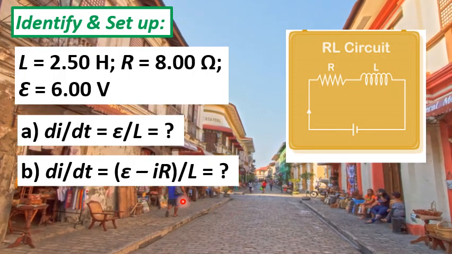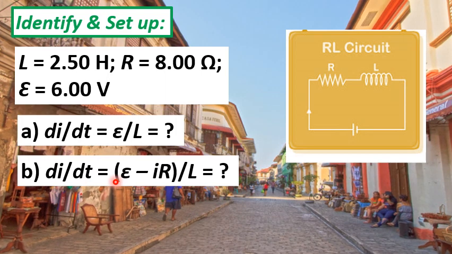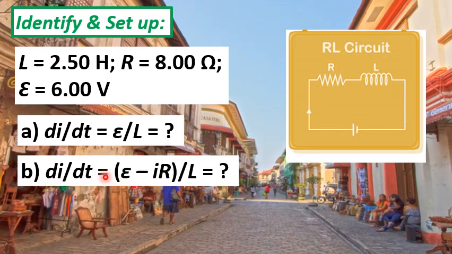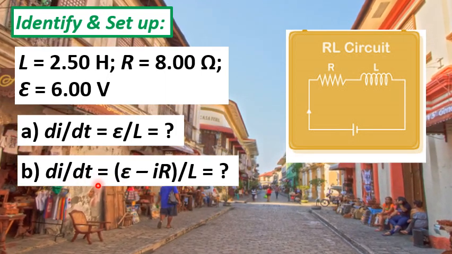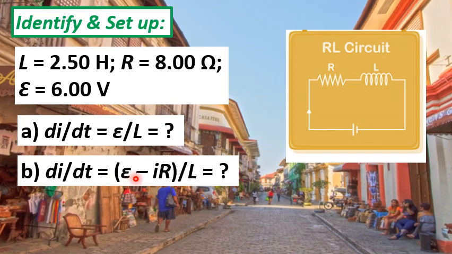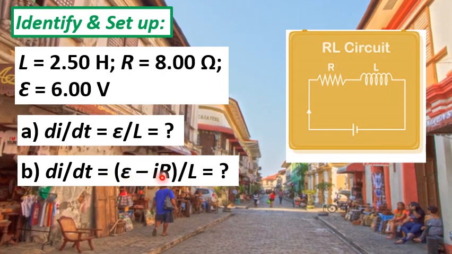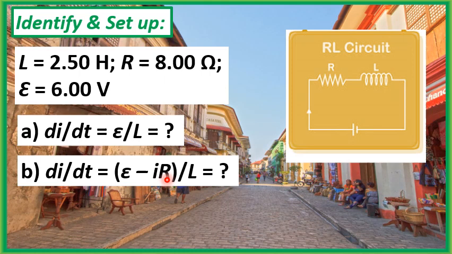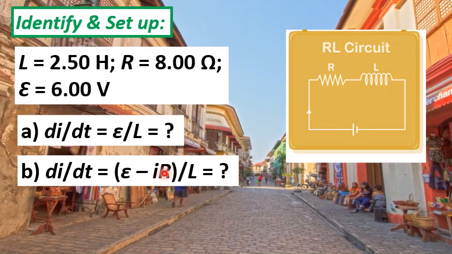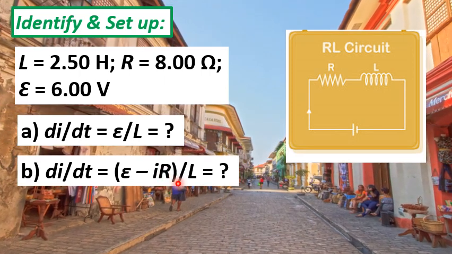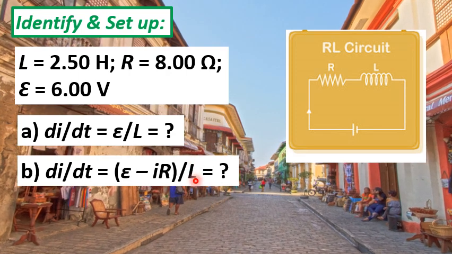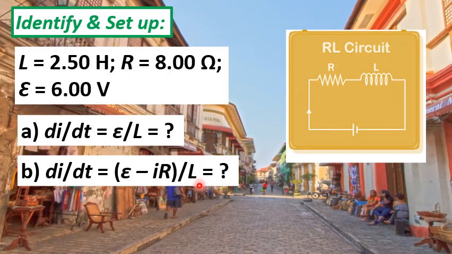So that will require us to use this formula. di over dt equals quantity EMF minus the current I multiplied by the resistance, big R, to be divided by the inductance, capital L.